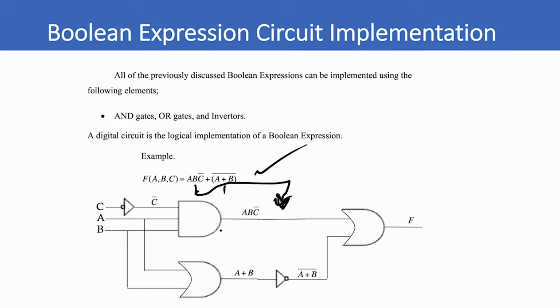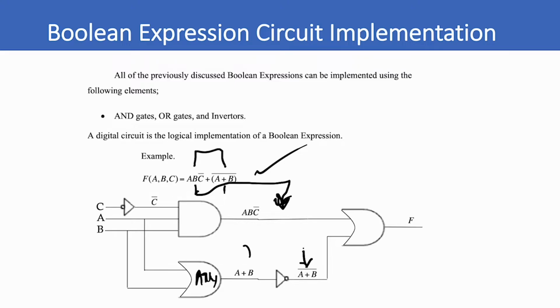So this AND gate implements the ABC bar. This is an ANY, or an OR. This says any high gives a high, but A plus B is right here, and that's the second term without the inversion. So we invert it right here, and we get the A plus B bar.